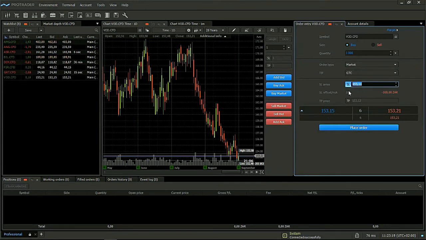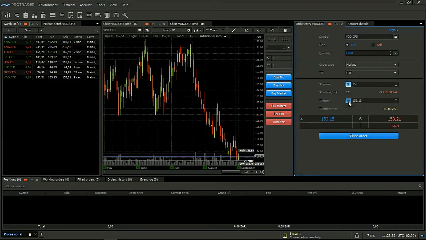So if I want to put my stop loss at 150 Rand, you will now see if I buy 1,000 shares at current market price and it hits my stop loss, I will lose 3,210 Rand. If I select take profit and I say I want my take profit to be at, for argument's sake, 160 Rand, I will make 6,790 Rand.